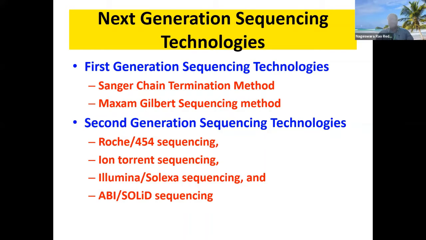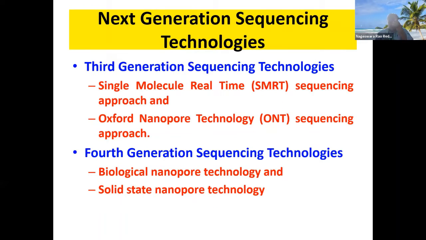Coming to second generation sequencing technologies, now we have learned about third generation sequencing technologies, where there is no recording of the data and the output is directly taken by the system, and this is the actual advantage.